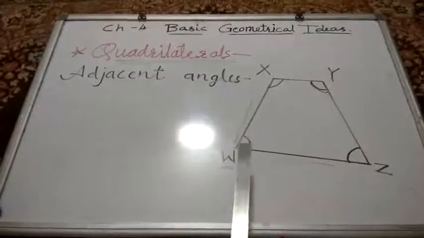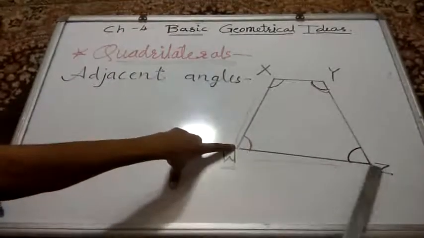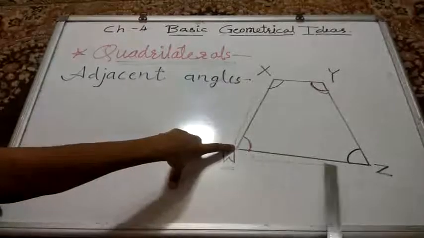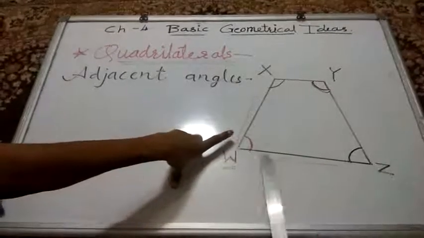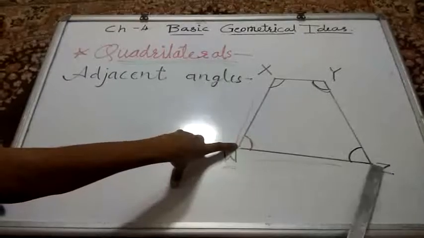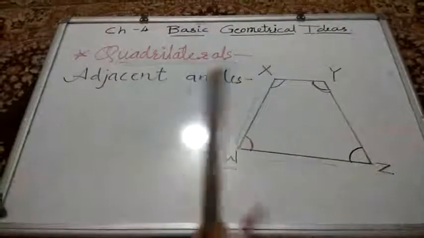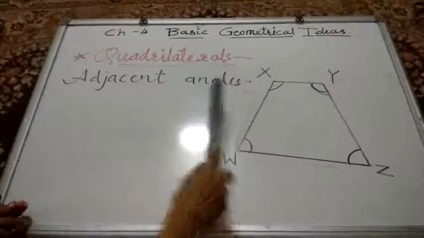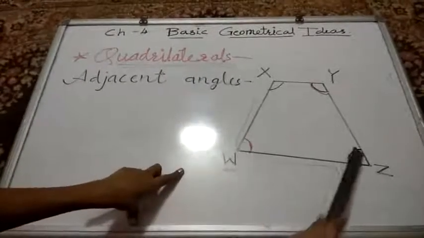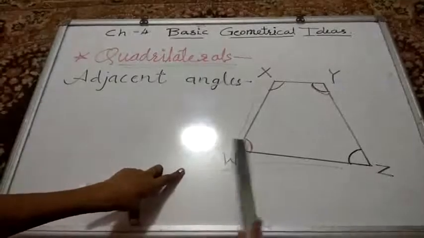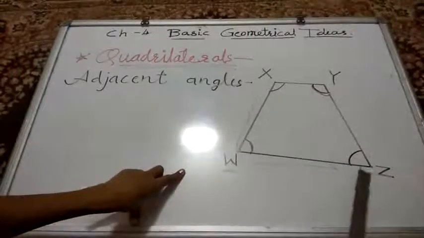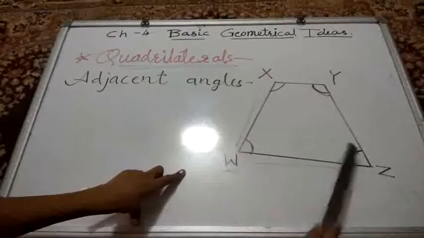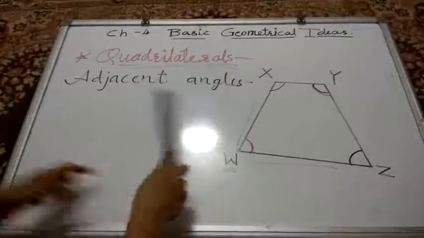Similarly, adjacent vertices means when two vertices have a common side. Similarly, adjacent angles means when two angles have a common side. Those two angles are known as adjacent angles.